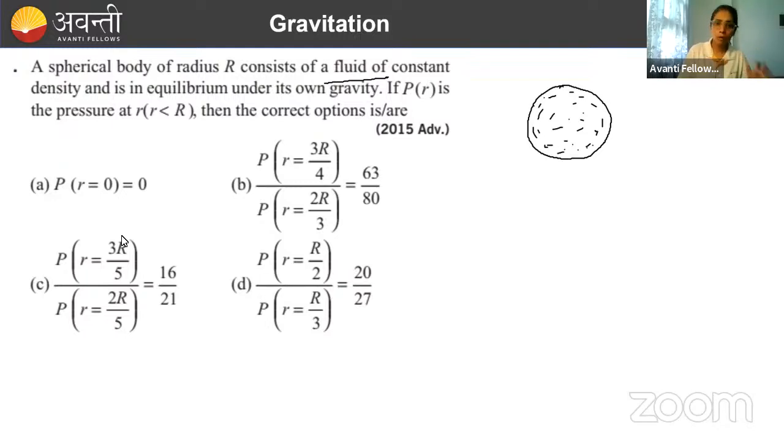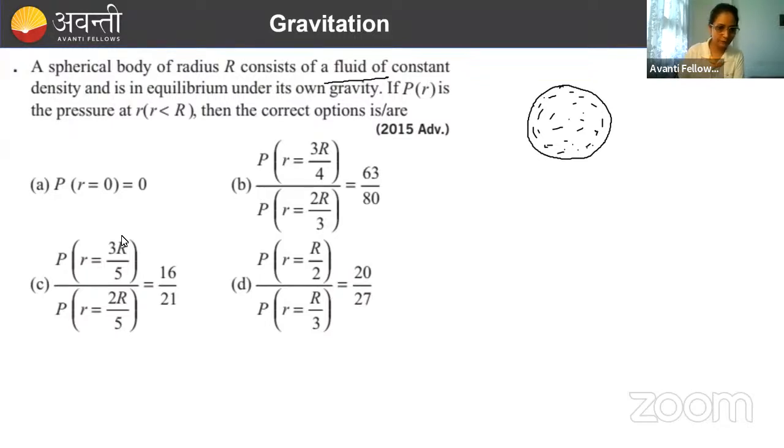Now the water inside is in equilibrium. It is said that a spherical body of radius r consists of a fluid of constant density and is in equilibrium under its own gravity. Under its own gravity, it is in what? Equilibrium.